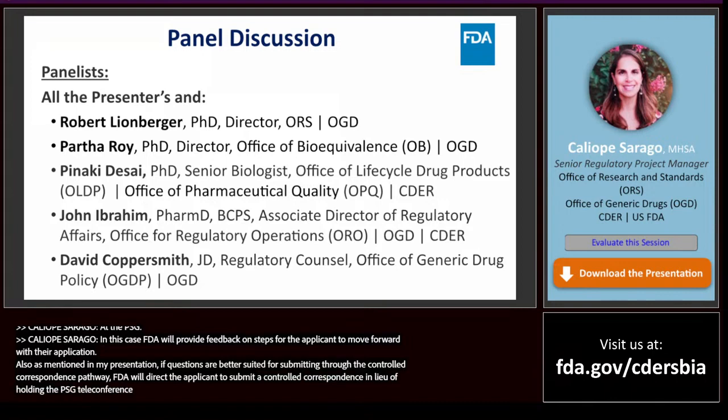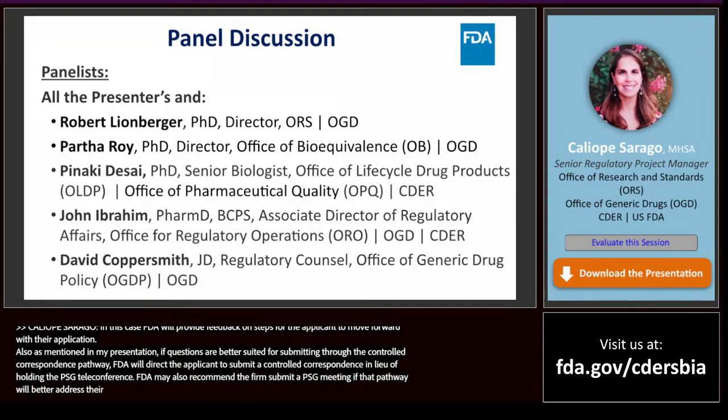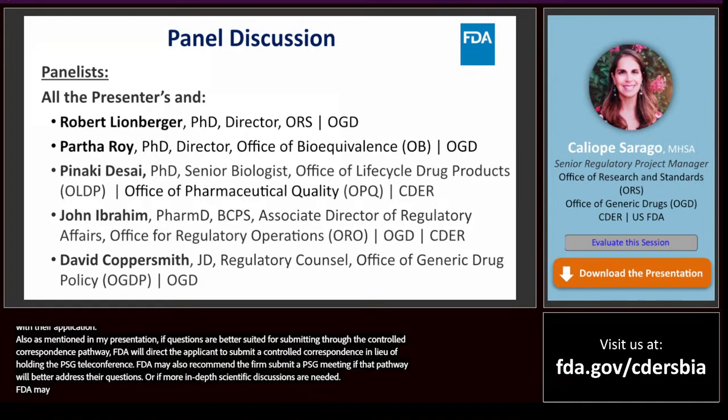FDA may also recommend a firm submit a PSG meeting if that pathway will better address their questions or if more in-depth scientific discussions are needed. FDA may also provide feedback, perhaps if a submission is in the early stages of review, such as pre-CRL or pre-mid-cycle review.